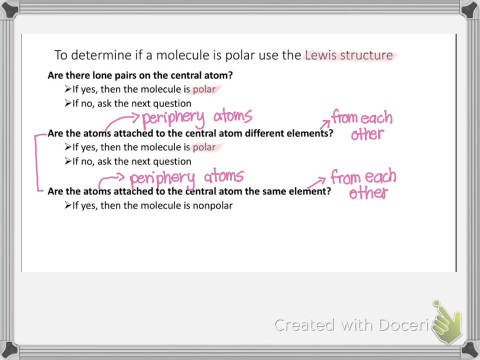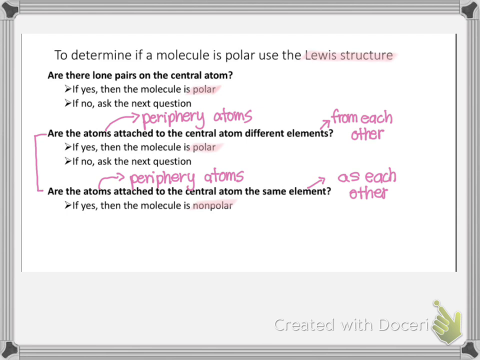If the atoms are the same as each other, not as the center, but as each other, then it's nonpolar. Because even if they're polar bonds, their effects cancel each other out because they're all the same.